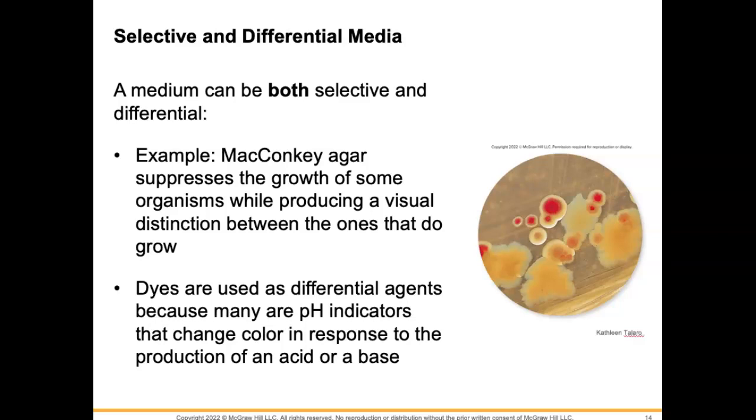So it will keep the background organisms, normal flora, non-disease causing flora, from growing, and then the stuff that does grow will look different. So E. coli is going to look different from Staph aureus, which is going to look different from Pseudomonas.